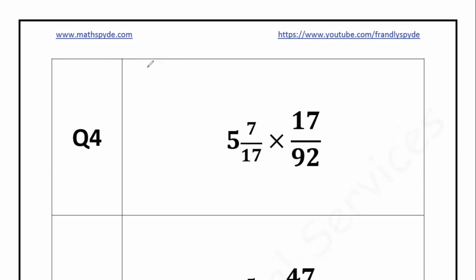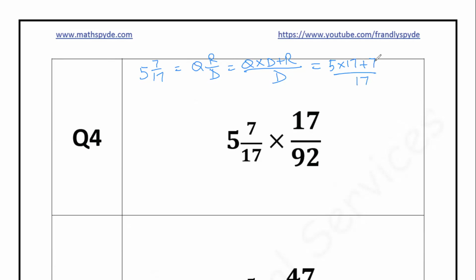Okay. 5, 7 over 17: quotient, remainder upon divisor, quotient into divisor plus remainder upon divisor. So 17 times 5 is 85. I'll just break it down for you: 5 into 17 plus 7 upon 17.